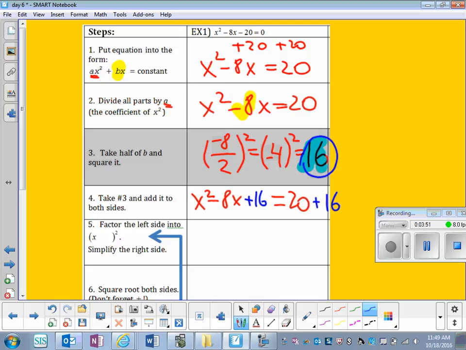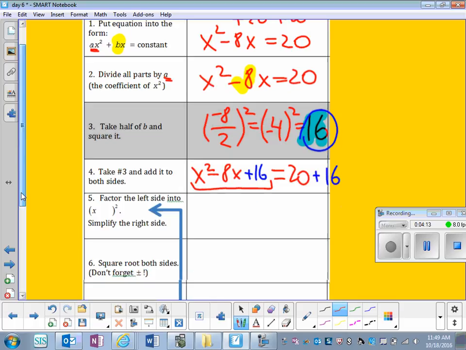Now, the next step is to factor the left side into the perfect square. Whatever I have here on the left side, this trinomial, I need to factor it. You can factor it as we did before, using the t-chart and all that stuff. Sometimes it will work, sometimes it will get pretty ugly.